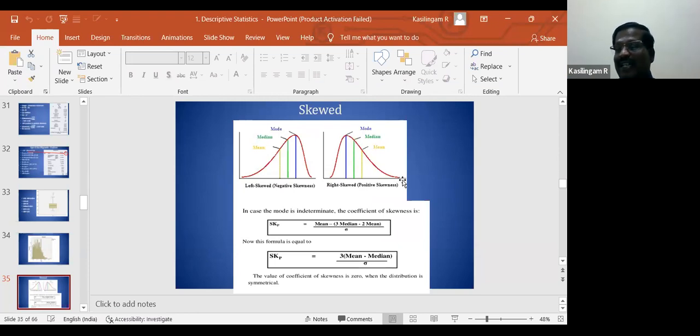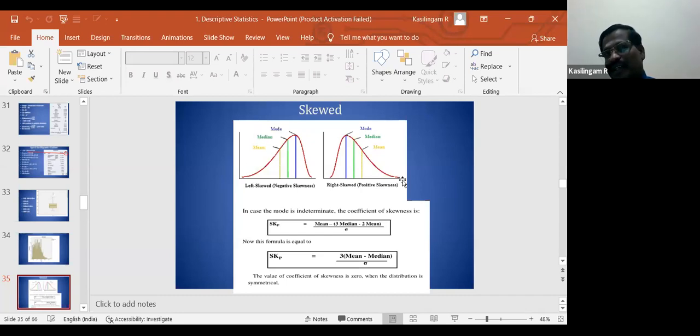Otherwise, I will explain. For example, let us assume that 32 is the median, right? The actual value I will find out. Now the minimum age is 18, but the higher age is 64.